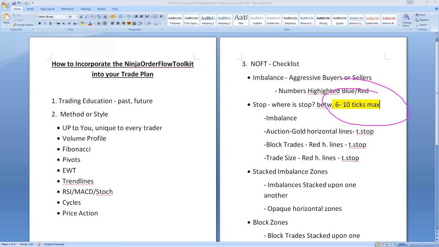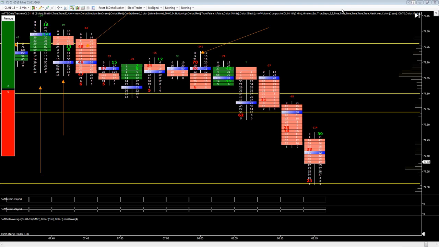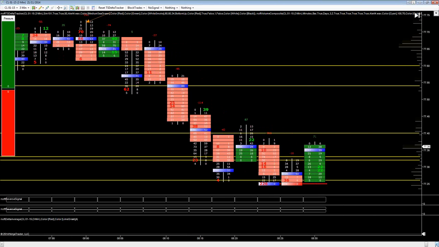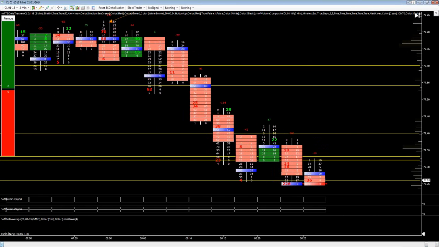It's staying behind larger orders, larger block trades, larger unfinished business. If you're in a short and large sellers keep selling, hide 1 or 2 ticks behind them. If the market comes back up and takes them out, you have no reason to stay in that trade. So this takes the guesswork out of the equation.